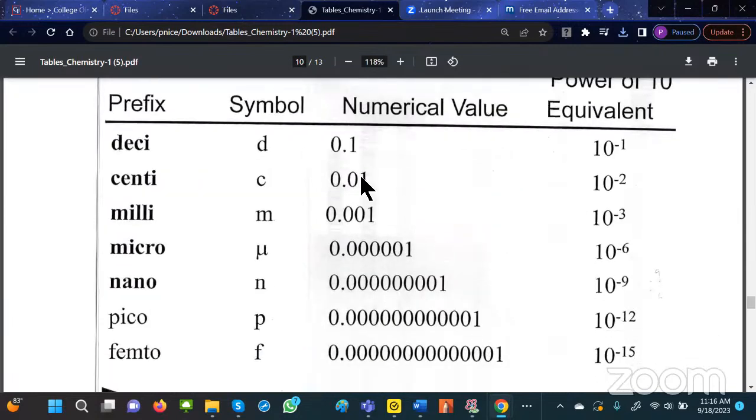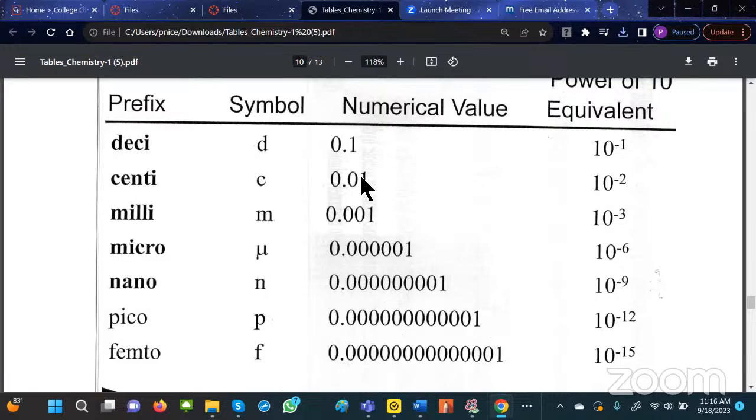This table here, I don't know if you guys are familiar with the metric system, right? The metric system is basically the system of measurement, which is more convenient and more versatile compared to the older system, non-metric system, let's call it that.